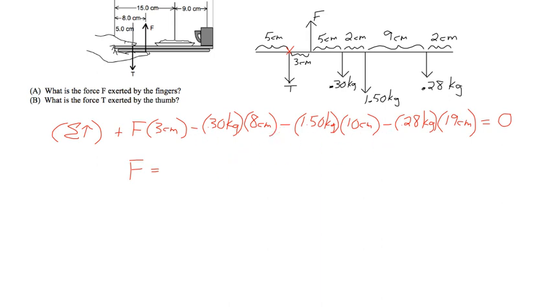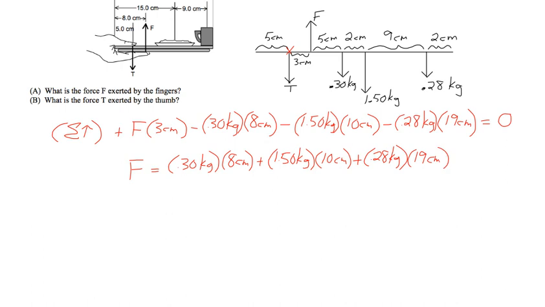So it's going to be 0.30 kilograms times 8 centimeters plus 1.50 kilograms times 10 centimeters plus 0.28 kilograms times 19 centimeters. And that whole thing is going to be divided by 3 centimeters.